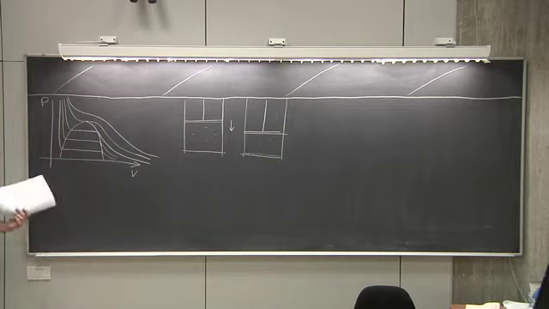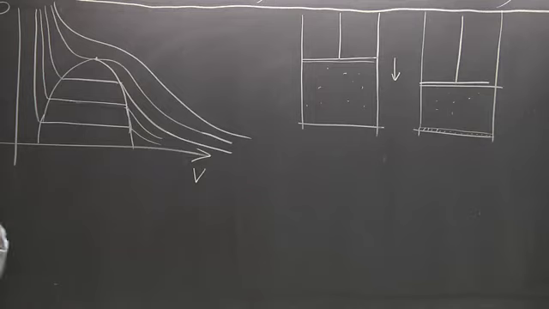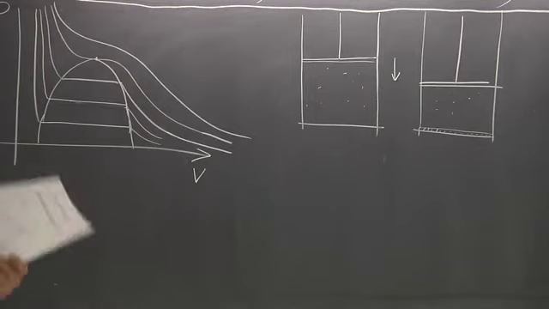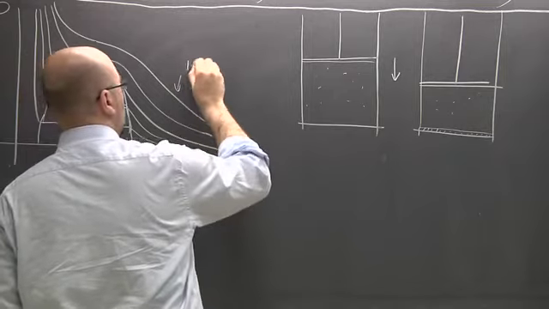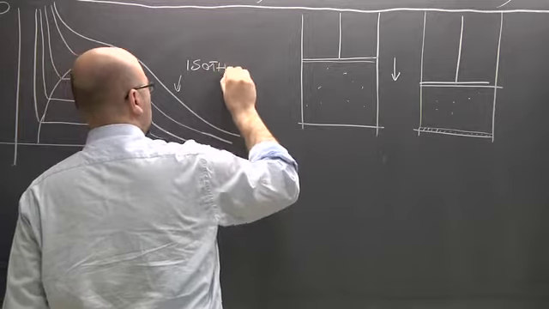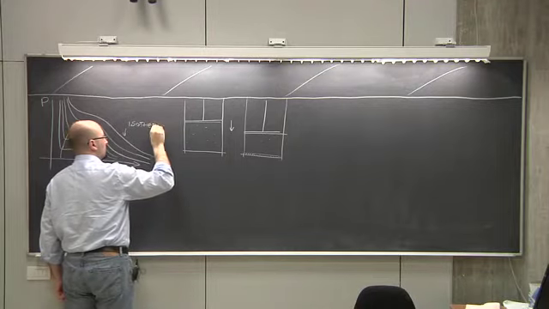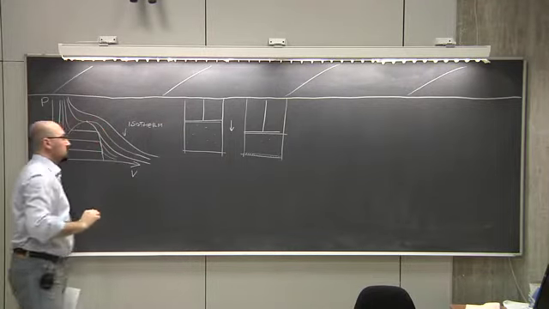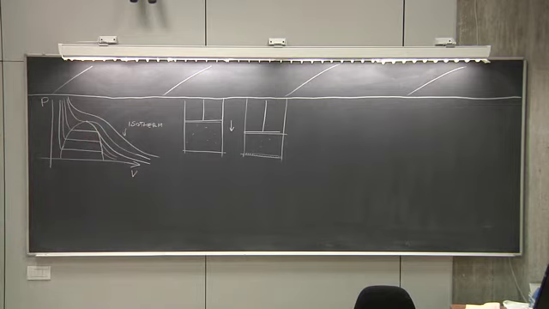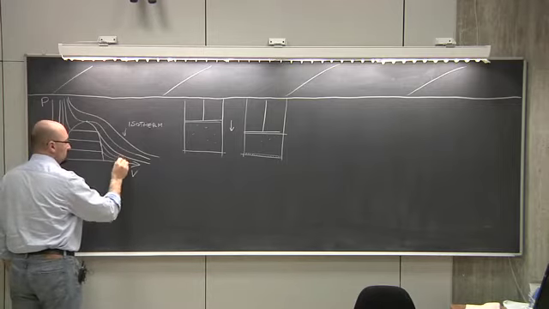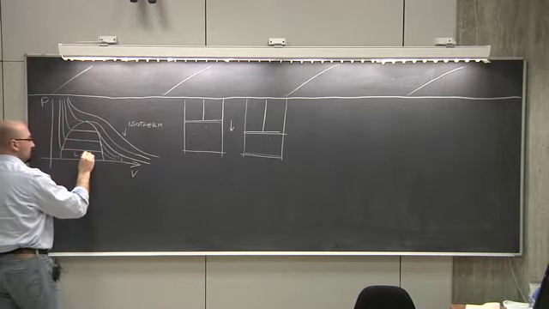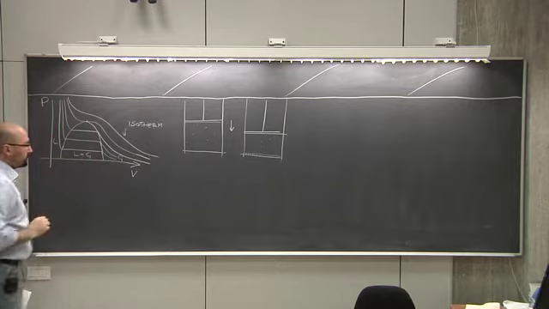Some liquid starts forming, and the pressure remains constant at constant temperature. So these are isotherms. Here we have gas or vapor, gas, liquid plus gas, liquid.